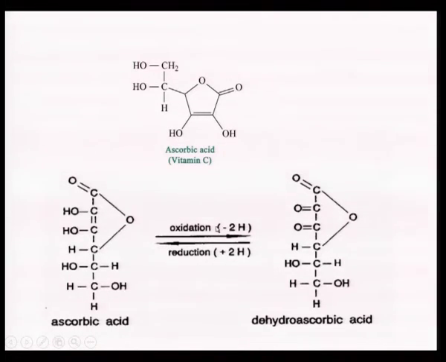So this reaction of oxidation and reduction is reversible. It's the same picture, but I am repeating the slide so that we will be able to have a mental picture of how ascorbic acid gets converted into dehydroascorbic acid.